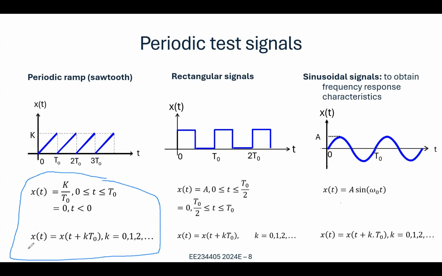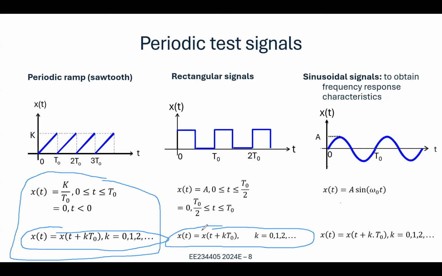So the main part for periodic signals here is this: x(t) equals x(t + k t0), where k is from 0 to infinity. At every multiple of t0, there is a restart of the signal, and it happens infinitely, and the signal will not go beyond this sequence. And this is the equation for sawtooth.